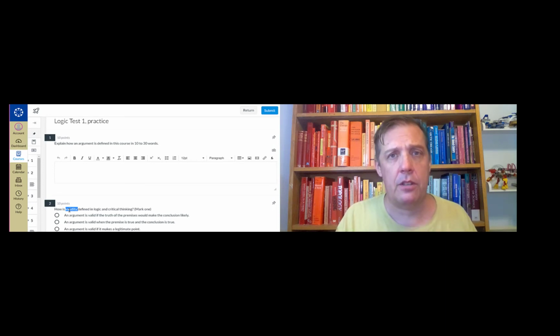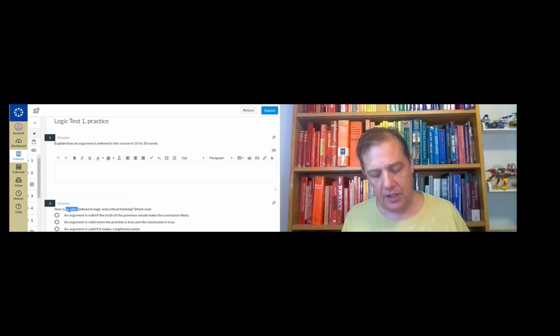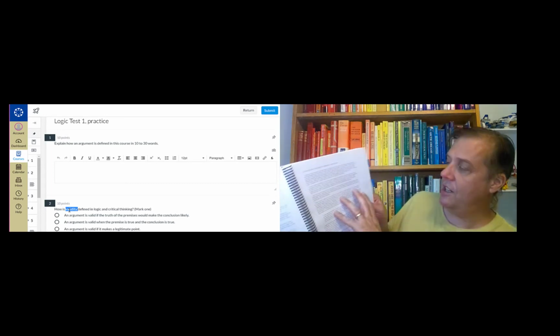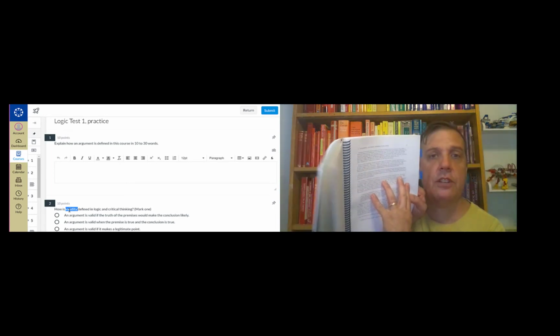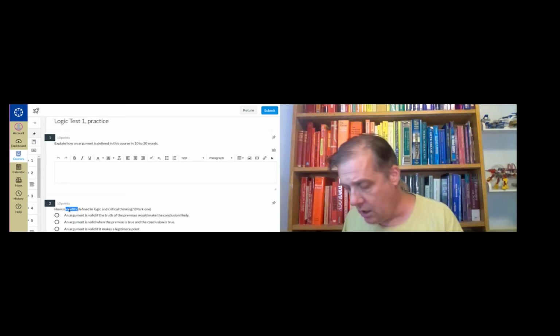Now, I've mentioned how argument is defined repeatedly, and you can just pull the definition used word for word, and that's a fine answer. So if you have a printed copy of the text, you can see here on page 9, it says an argument is a connected series of statements designed to convince an audience of another statement.